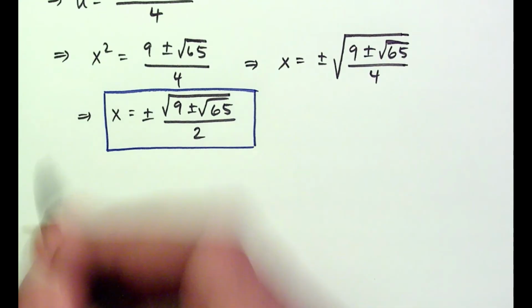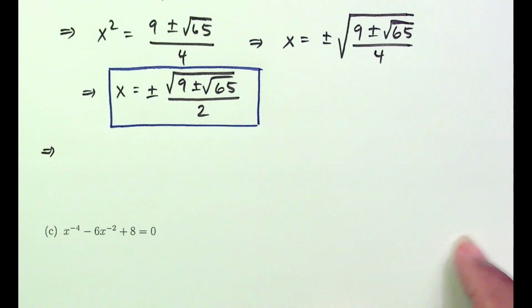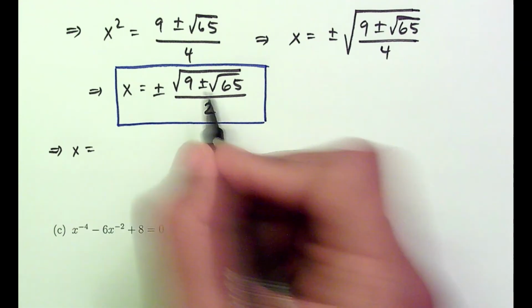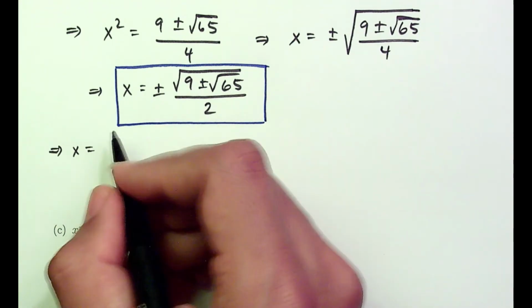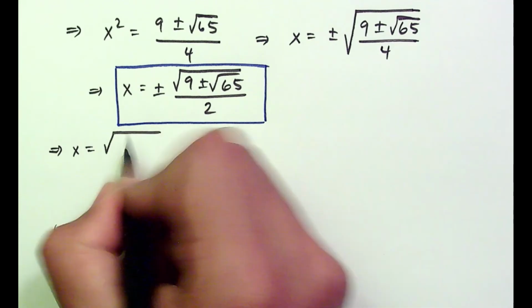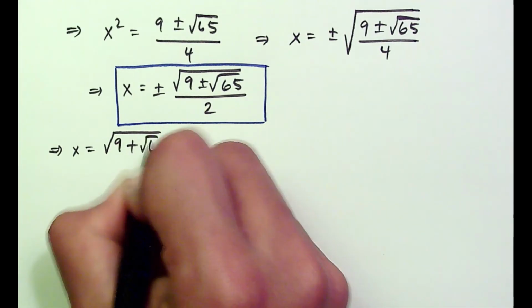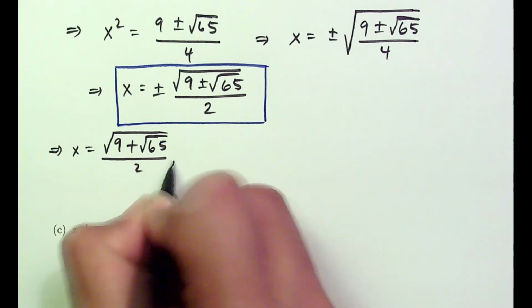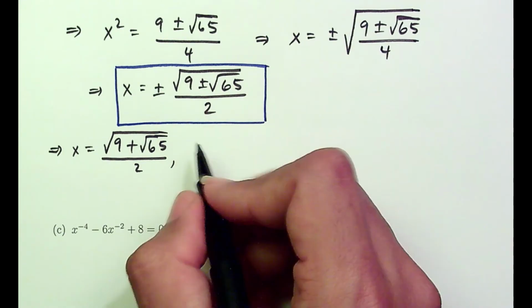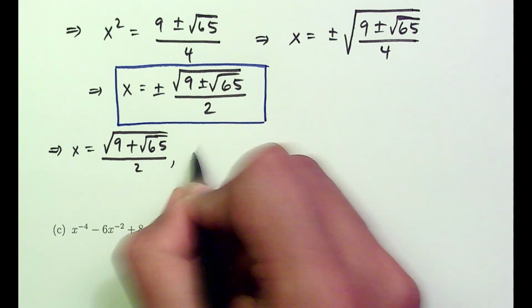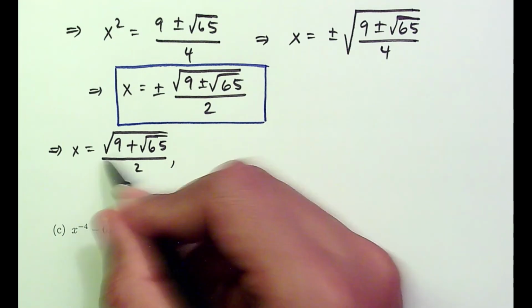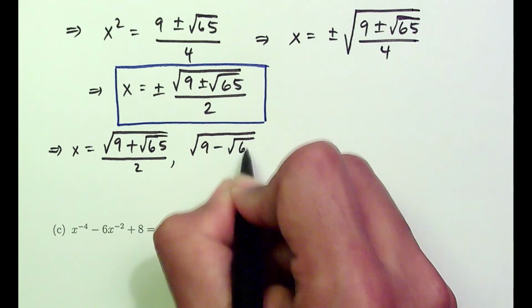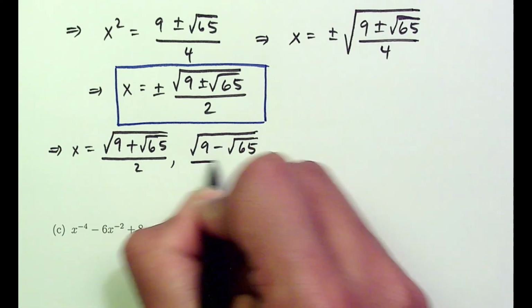Okay, so that means there's four possibilities. So let's spell them out. X could be, so the first possibility is that you choose both of them to be pluses. So positive and positive. So first one could be the square root of 9 plus square root of 65, all that over 2. Then the next possibility could be when you choose the one outside plus and the one inside minus. So let's say the square root of 9 minus square root of 65 over 2.